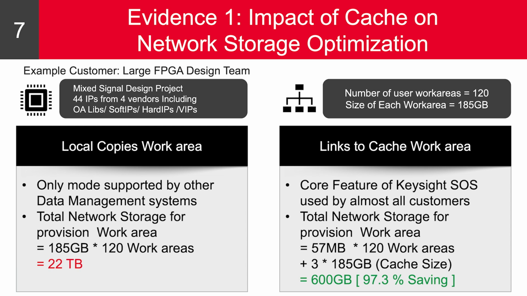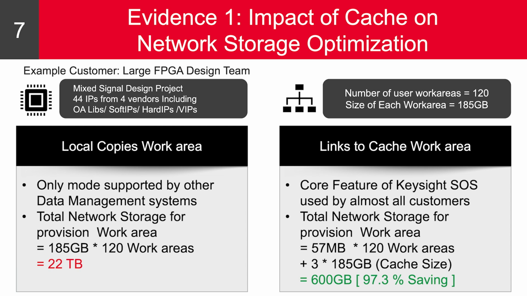Now, if you take a local copies work area, which is, again, the only mode that is supported by other data management systems, you can do the math and just multiply it, and it's going to be 22 terabytes, right? Now you switch to a links to cache type of work area, and almost all our customers use this. This is one of our most popular features, actually.